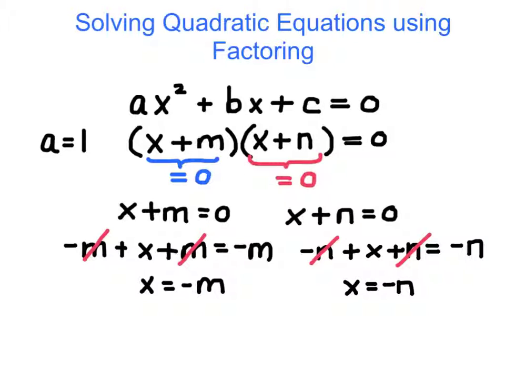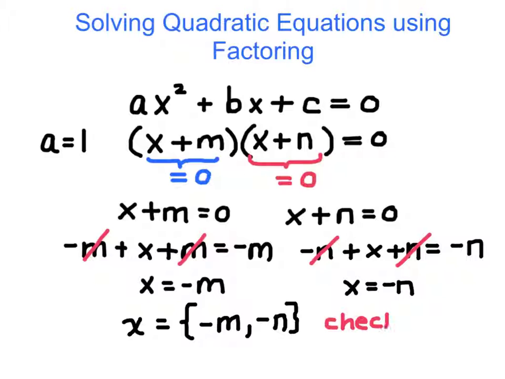So our possible solutions for x are that x can equal either negative m or negative n. And we should certainly check our solutions.